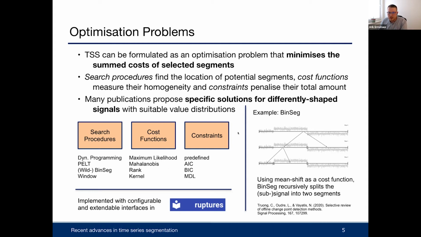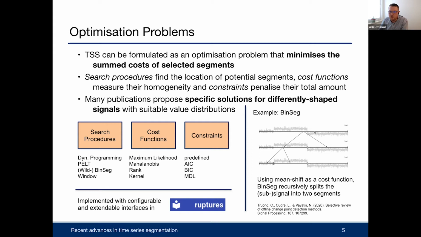And here on the right side, you have one example of such an algorithm. This is binary segmentation, an old algorithm that has been optimized over the years with variants like wild binary segmentation. The whole idea of BinSeg is that you have this time series and you split it into segments, and you calculate the cost for these two segments.